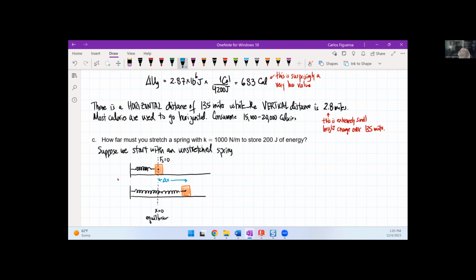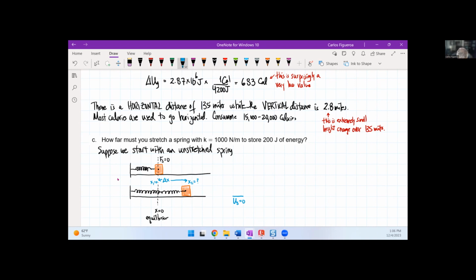So let's call this x1 equal to 0, and I'm going to call this x2 exactly the distance that we need in order to get there. So what happens here? I look at this system, and if I have 0 energy in my spring here, then initially there is 0 energy in the system.